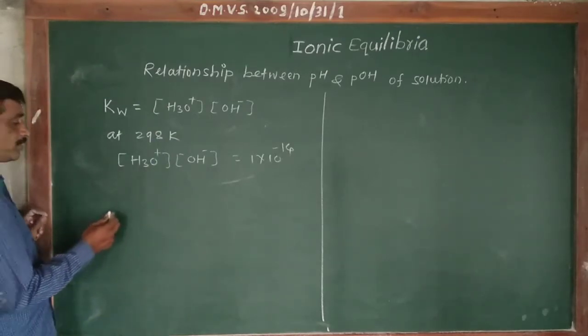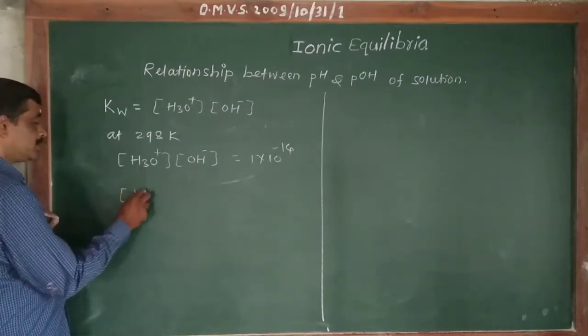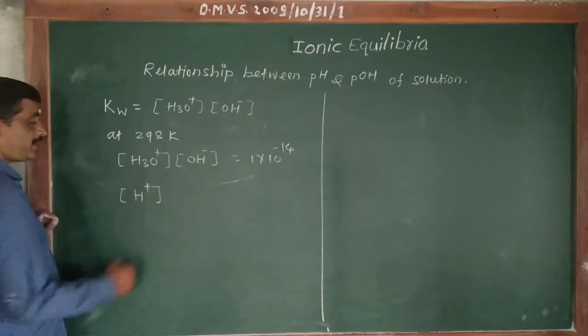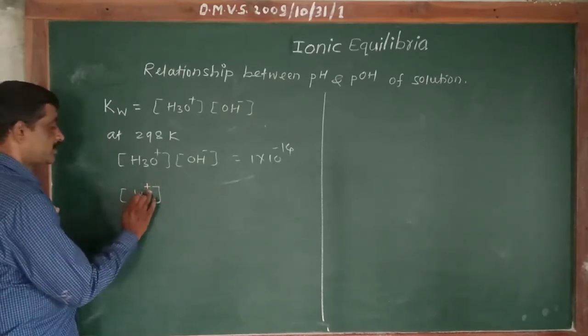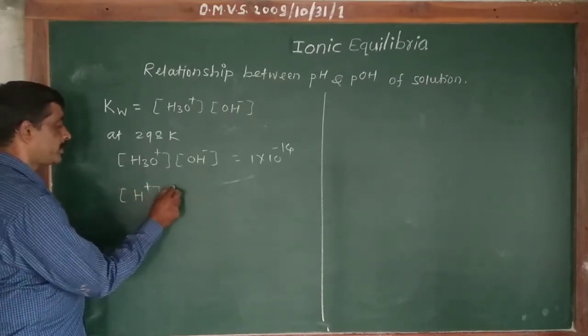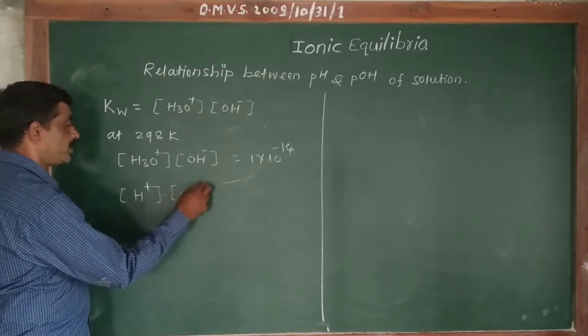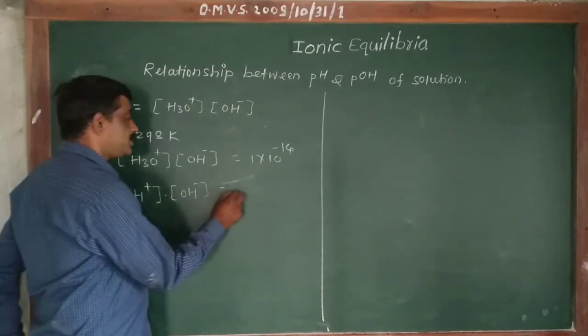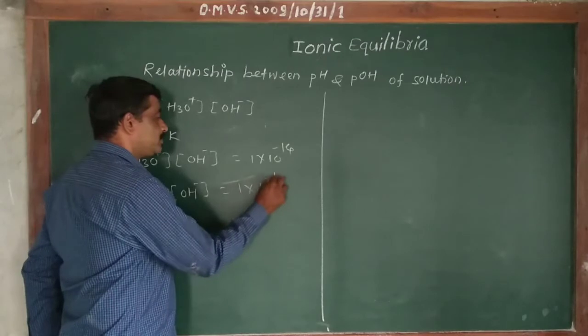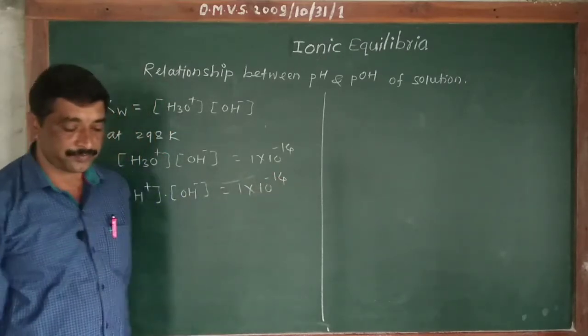Here hydronium ions are nothing but the hydrogen ions, and therefore we write again the concentration of H plus ions into concentration of OH minus ions is equal to 1 into 10 raised to minus 14.